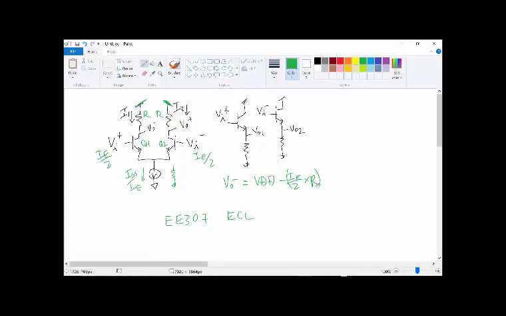And because the currents are the same, in this case, that equals V out plus. And VI plus equals VI minus, and this VI plus and VI minus has to be somewhere in the middle between VDD and ground, maybe around VDD over 2, something like that.